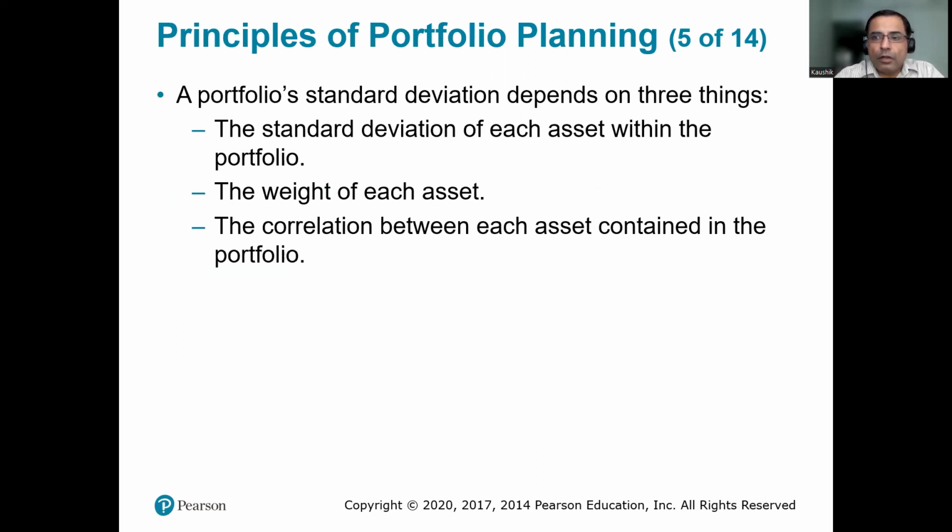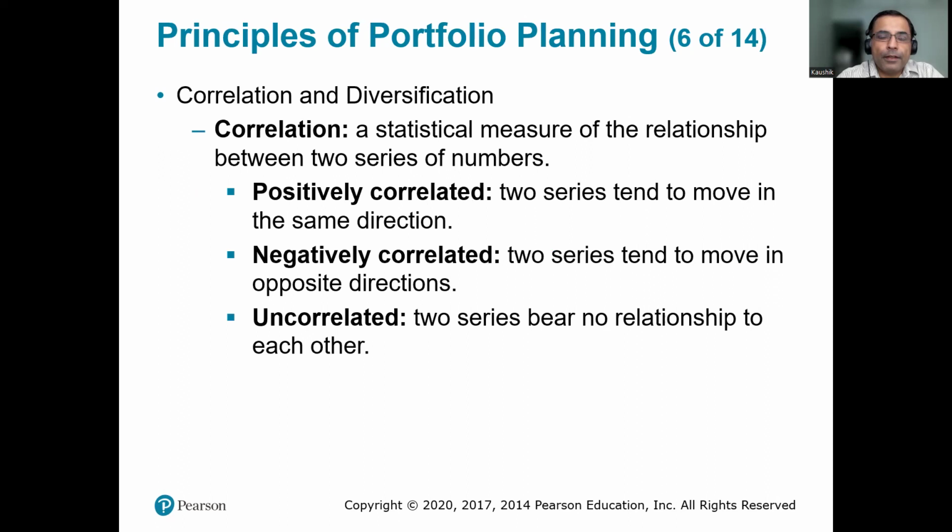So the standard deviation of a portfolio depends on three factors. The first is the standard deviation of each asset in that portfolio, the percentage share of each asset in the portfolio, as well as the correlation between any two assets in the portfolio. So what is correlation?